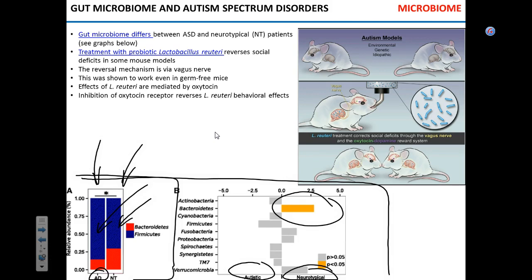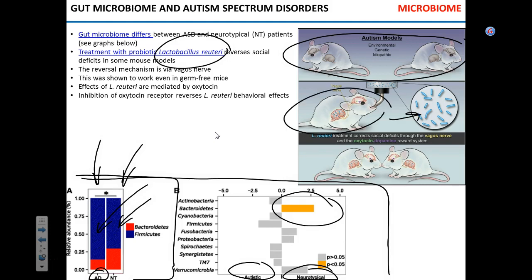So what they've done, they've collected these different models, and they fed mice with one species of bacteria, Lactobacillus reuteri. So that's your example, so your mouse models, really cute mice, they drink Lactobacillus reuteri and they become less autistic. Okay?